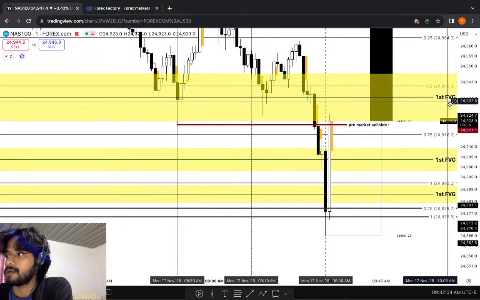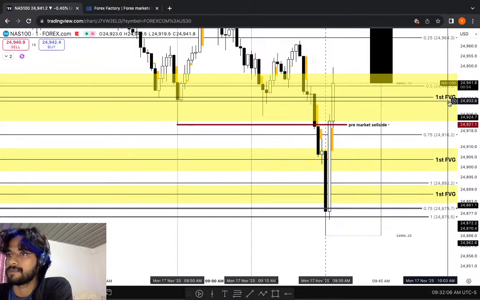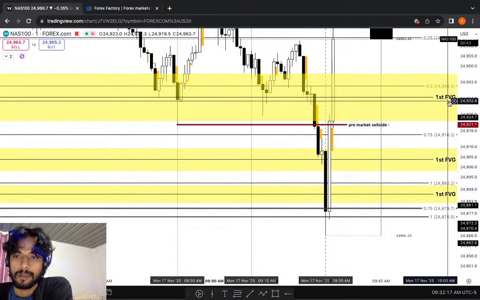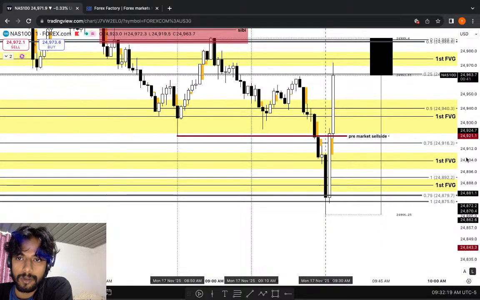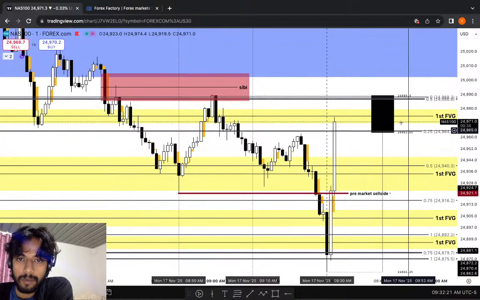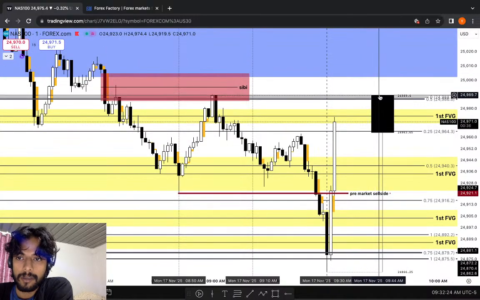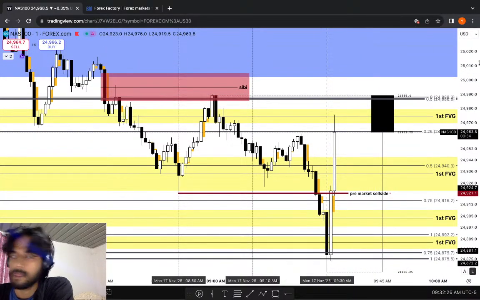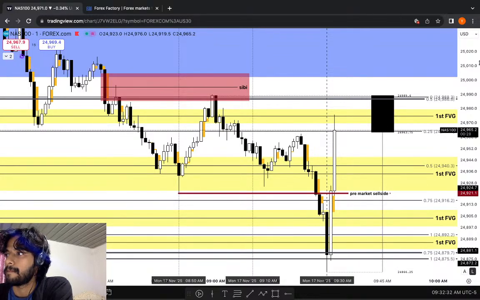Told you guys, coming down to move higher. Right there. Moving in a pretty smooth way. Told you this. Now I'm looking for it to break this high. See if we can do that.